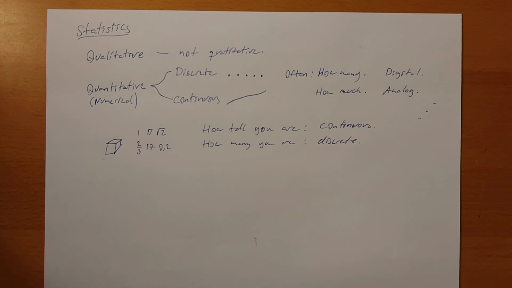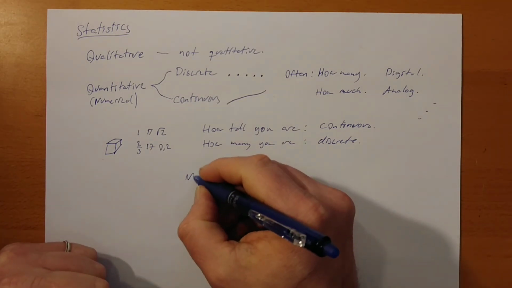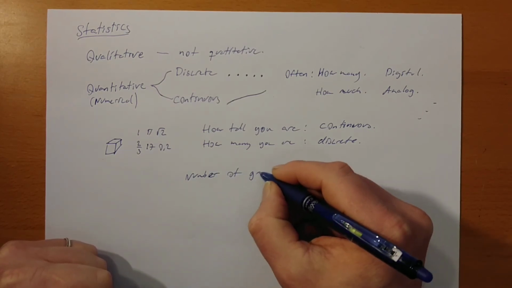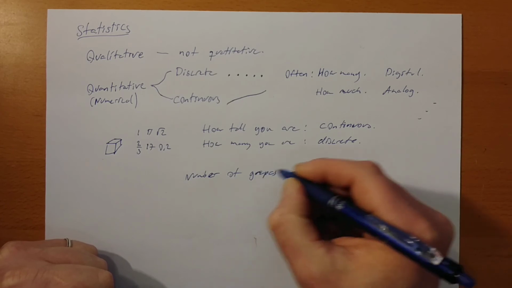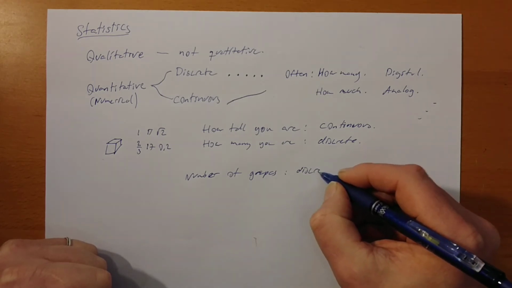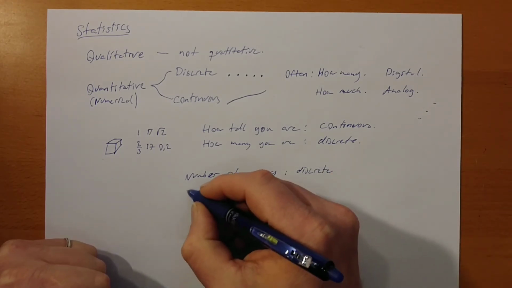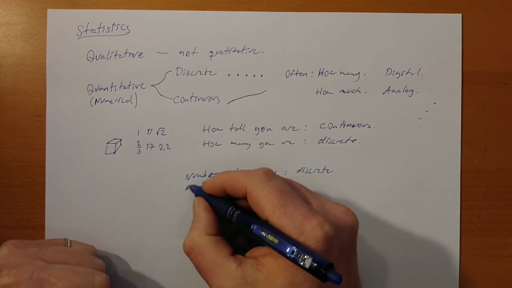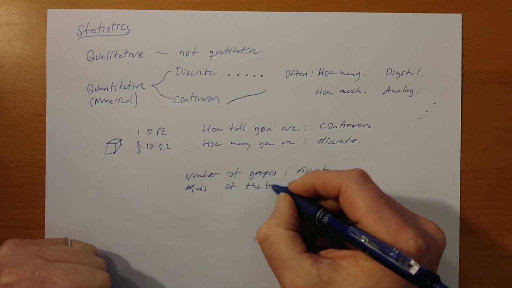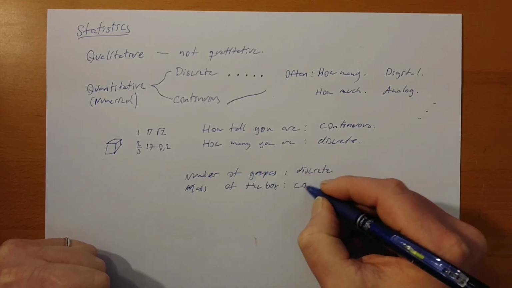If you buy a product, say a bunch of grapes, the number of grapes in the box will be discrete, right? But the weight or mass of the box will be continuous.